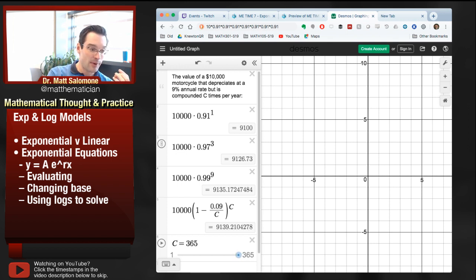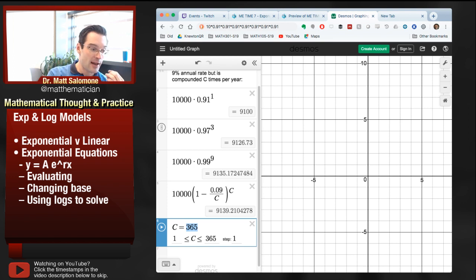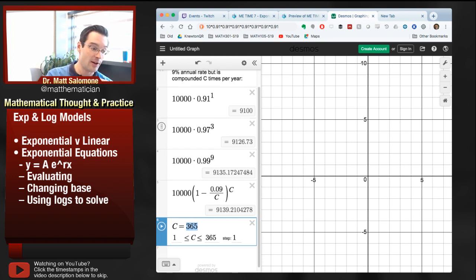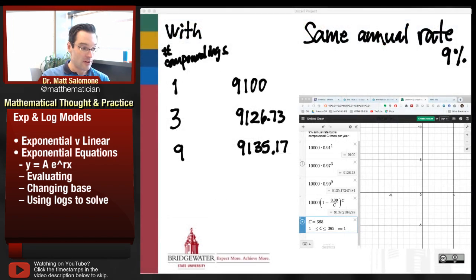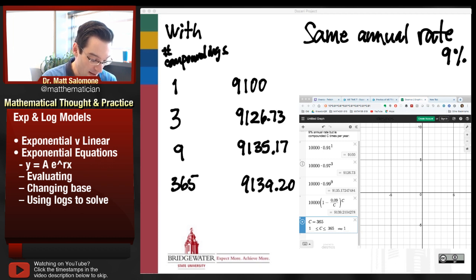So if I were to compound that 9% once every day, cut into 365 compounding intervals, and take 9% divided by 365 every day, at the end of that process the value of the motorcycle is 9139.21. So let me add that one into our list here. 9139.20, and that's if I compound 365 times.